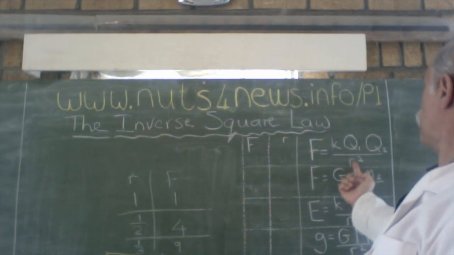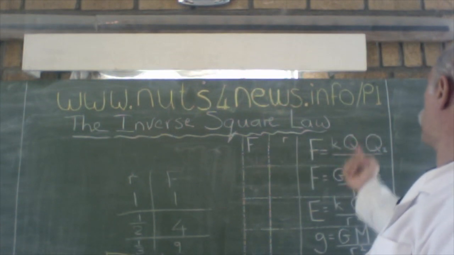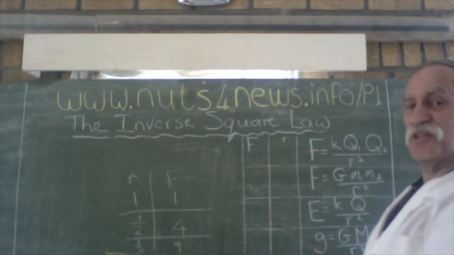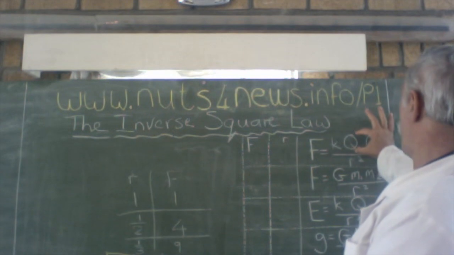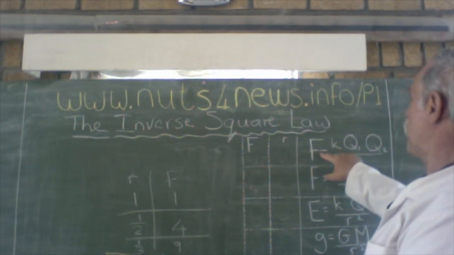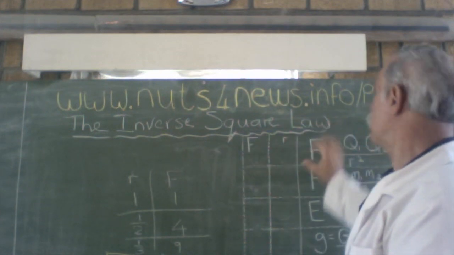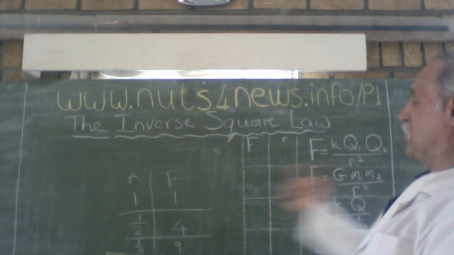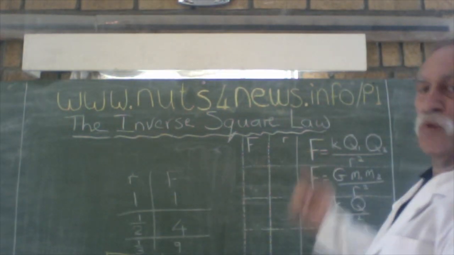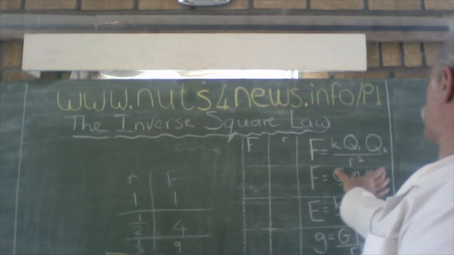Let's make that 1. So if F equals 1 upon 1 squared, what's F going to be equal to? Well, 1 upon 1 squared is 1. So F is going to be 1. So if instead of having folios we have force, if our distance is 1, our force is 1. Now let's do the same. Doesn't matter which formula we choose.